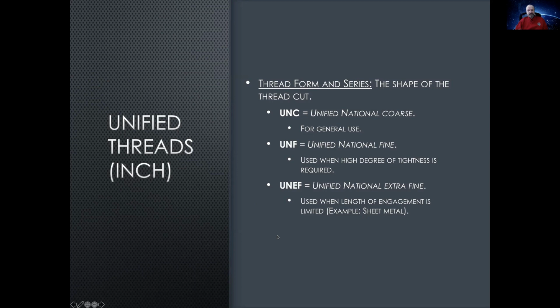Sheet metal screws are kind of like that because you're only threading something that's very, very thin. So those are real easy to strip out if you've ever worked with sheet metal and sheet metal screws. So you don't want to use your power drill. You want to probably tighten those sheet metal screws by hand so you can feel it because it's very, very easy to strip those out.